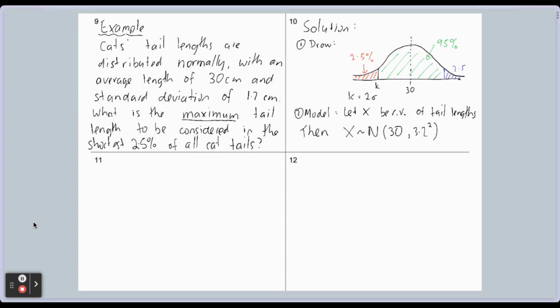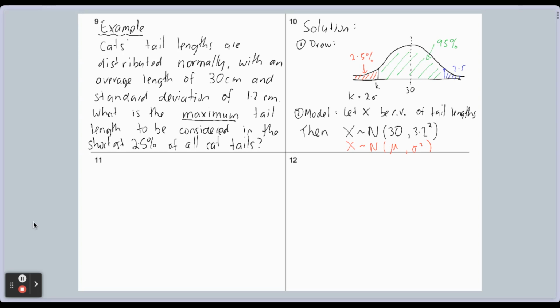That's just a standard way of writing it. So I'll do that in red underneath so you can see it. There's no need to calculate 3.2 squared. In fact, I would say definitely just write it as 3.2 squared, because that way you've got the variance if you need it, just square the standard deviation. But you've also got the standard deviation explicitly written. So if you're given a normal distribution N(30, 4), then you know the standard deviation is 2, because 2 squared is 4. So it may or may not be written in square form, but you can always work it out.